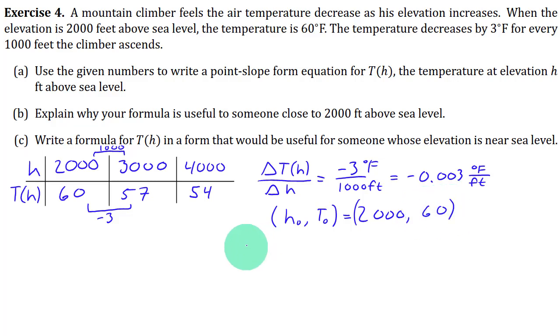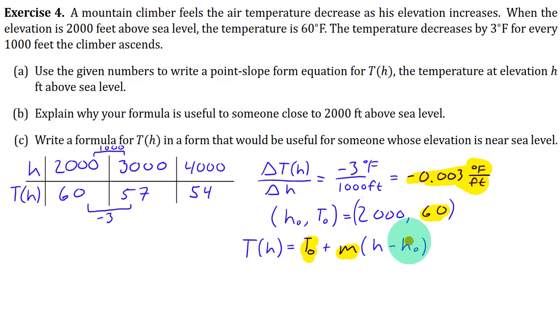So you can write this in point slope form then, as T of H equals that T0 plus the slope times H minus H0. So this is the same point slope form from the beginning. And we have the values of T0 is 60, the M is -0.003, the H0 is 2000 feet. So I'm going to plug all that in here.